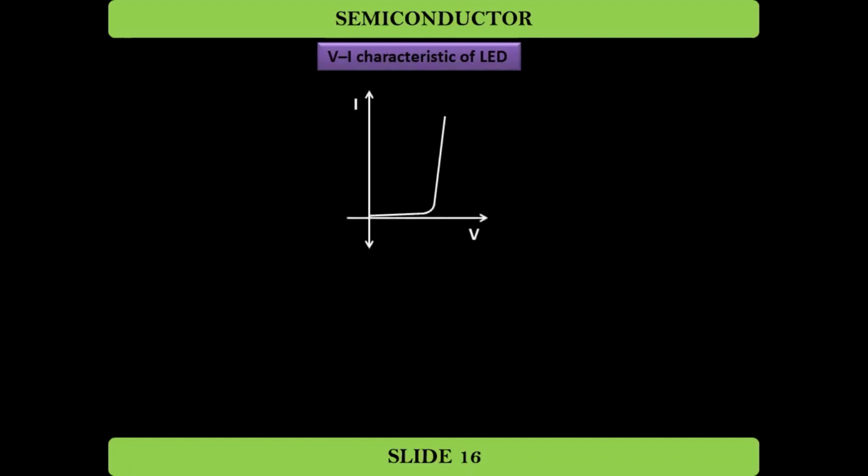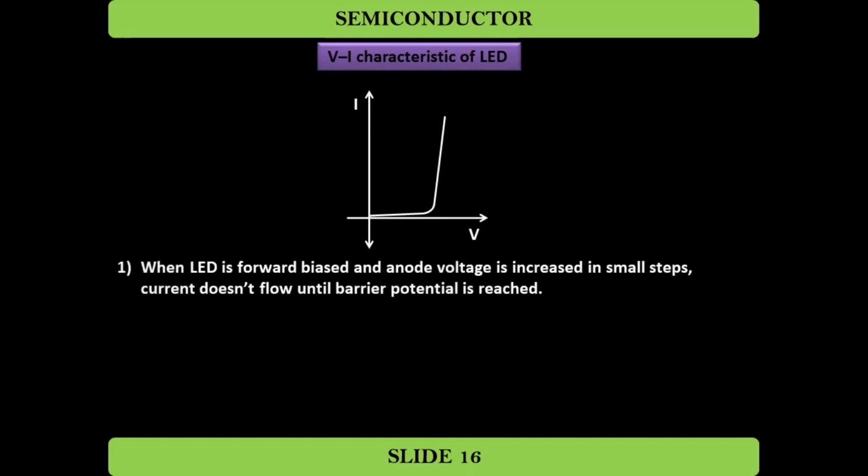Let's talk about the VI characteristics of LED. When I say VI characteristics, V is plotted on the x-axis and I is plotted on the y-axis. V stands for potential, I stands for current. Whenever the LED is forward biased, the anode voltage is increased in small steps. Until the barrier potential is reached, you won't come across the presence of current.